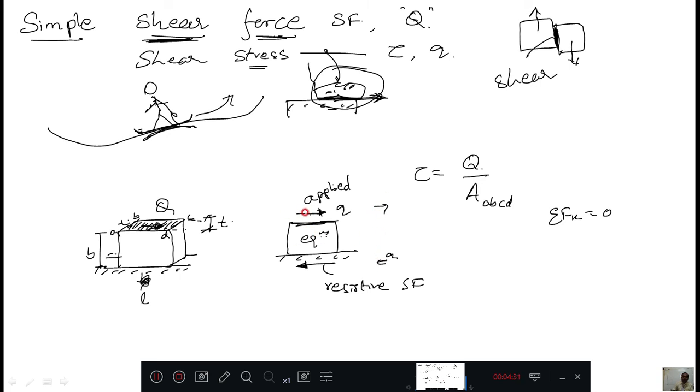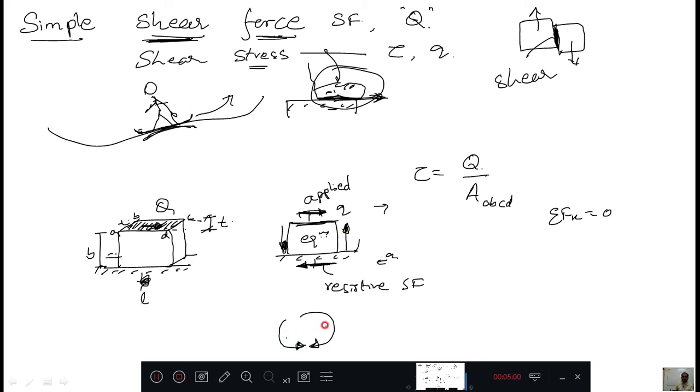But this will cause some rotation, because two equal forces acting at a distance apart can rotate the body. To stop that rotation, I need to apply one more shear this way and this way. The top Q and bottom Q rotate the body in one direction, and the side Q and Q rotate it in the opposite direction.